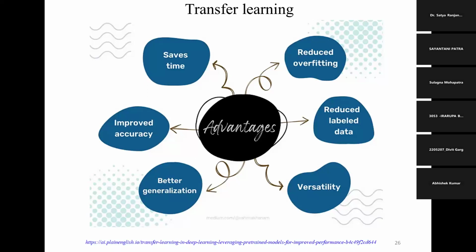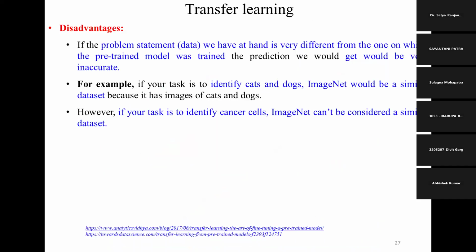Of course, different hospitals have different data, but it also reduces labeled data, because if the model is already ready and with a smaller amount of data we can get better accuracy, then the labeling effort is reduced. And of course it reduces overfitting, because you can get a variety of data. So those are the advantages of transfer learning.